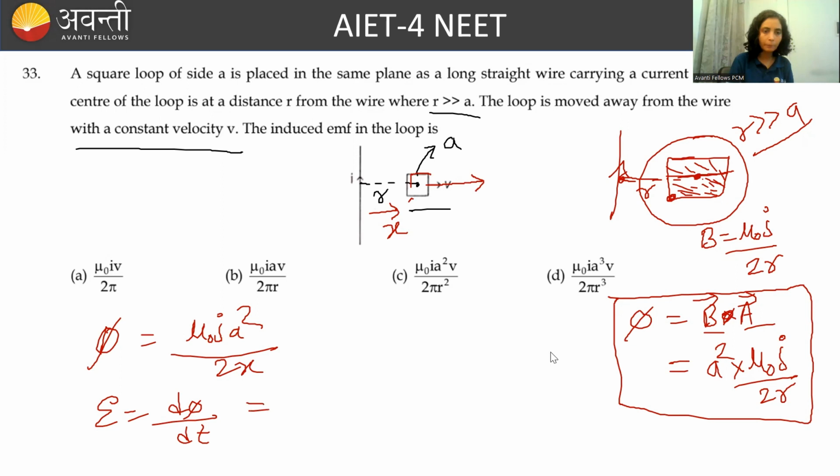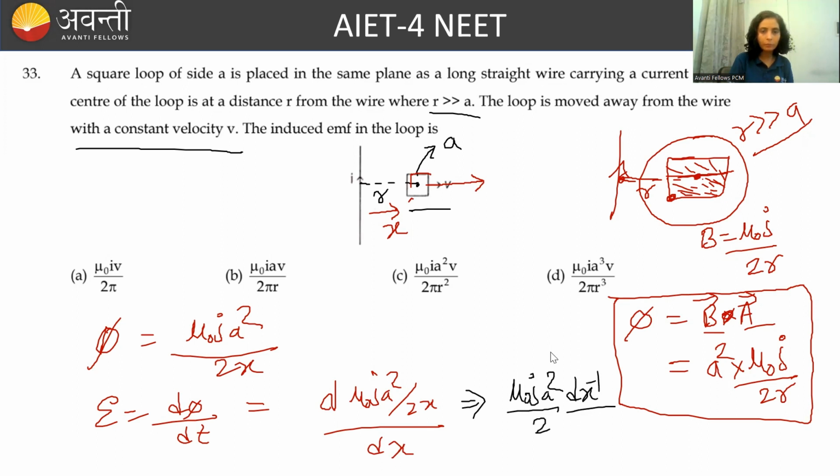So what will you write? d of mu naught I A square by 2x. Now, whatever is constant, take that out. So mu naught I A square by 2, d by dt of 1 by x.